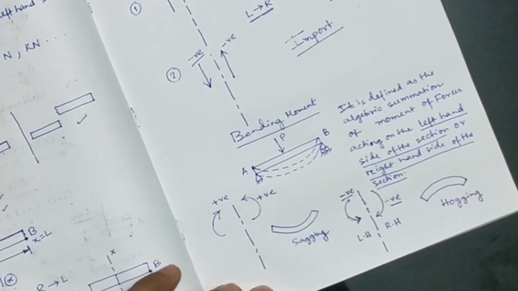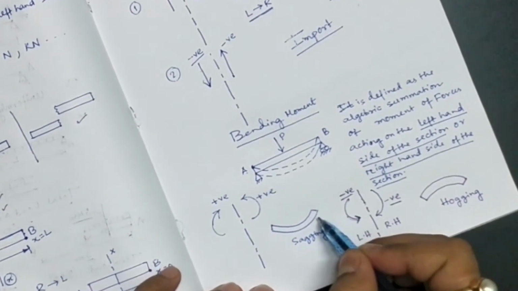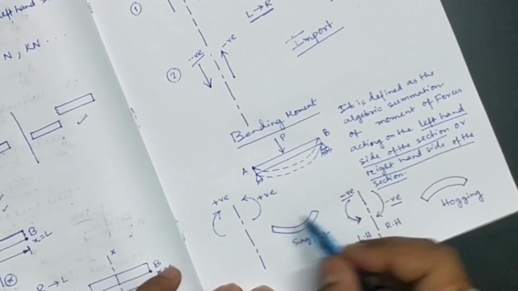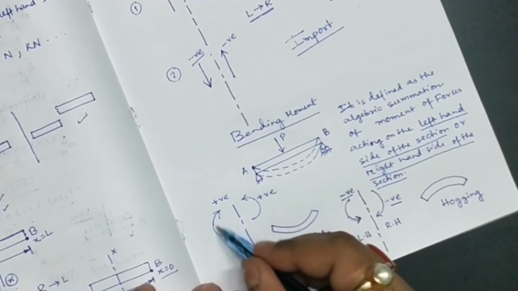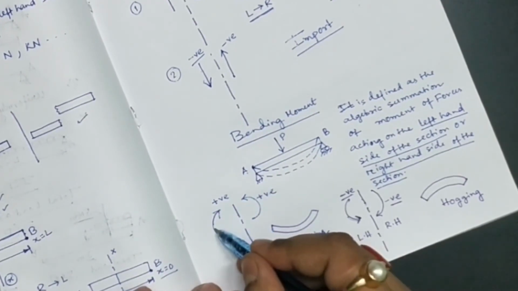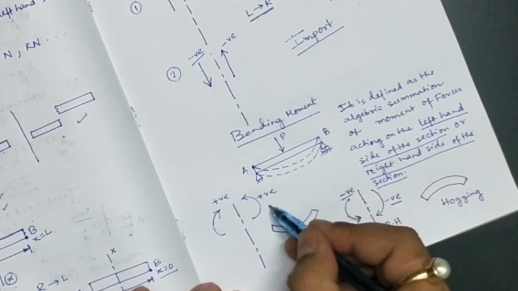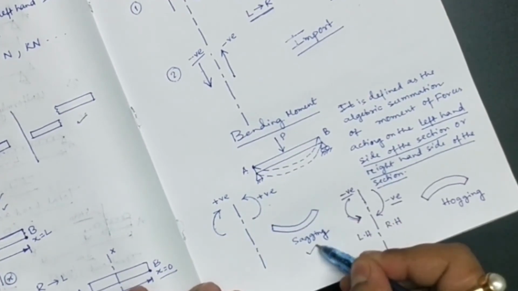So keep one thing in mind: if the beam bends like this, then this will be due to the action of a clockwise moment towards the left hand side of the section and an anti-clockwise moment towards the right hand side of the section, then sagging will be noticed.